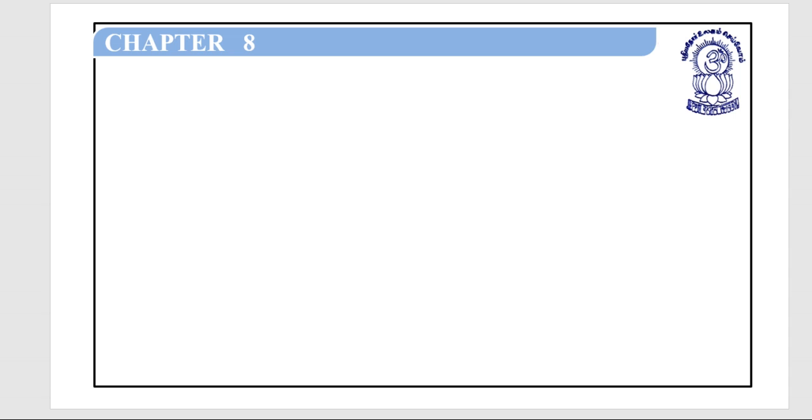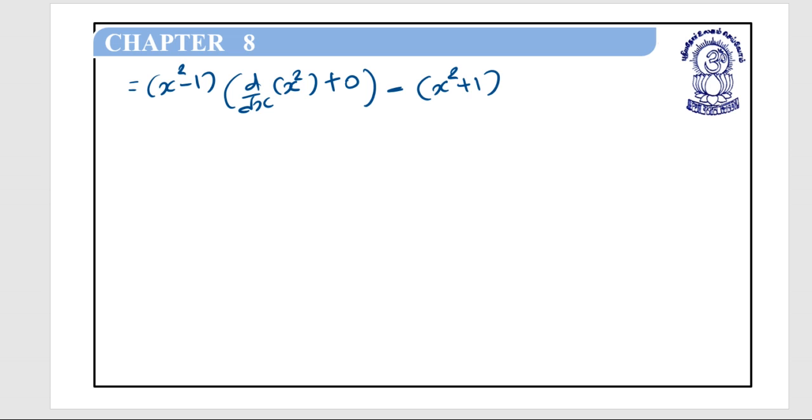Now solve this. X square minus 1 as it is, d by dx of x square plus constant 1, so 0, minus x square plus 1, d by dx of x square minus constant 1, so derivative of constant is 0.